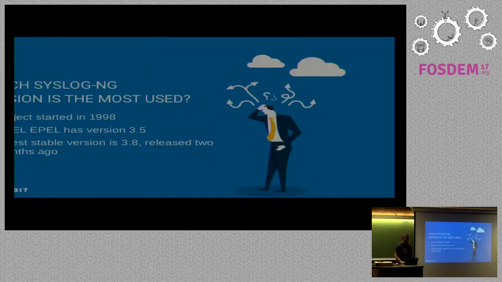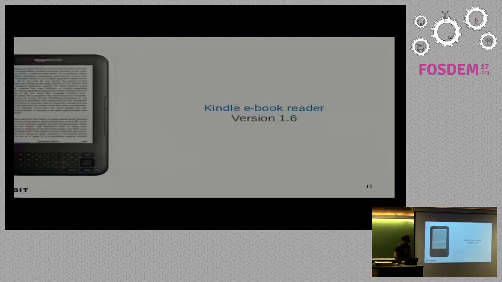The latest stable version is actually 3.9. What do you think? Which is the most used version? Any guesses? 2 something. You were the closest, as it's version 1.6. As there are over 100 million Kindle ebook readers, and all of those run syslog-ng for log collection.